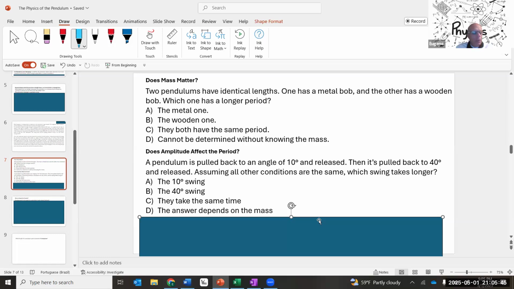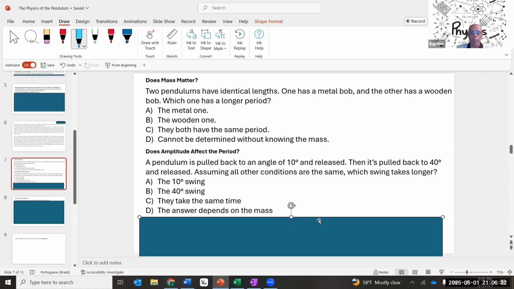Well, in the experiment there wasn't really a big change. If I increase the angle too much, then it's going to have an adverse effect. The period is going to take longer, right? The assumption that the period is the same regardless of amplitude holds only for small angles.